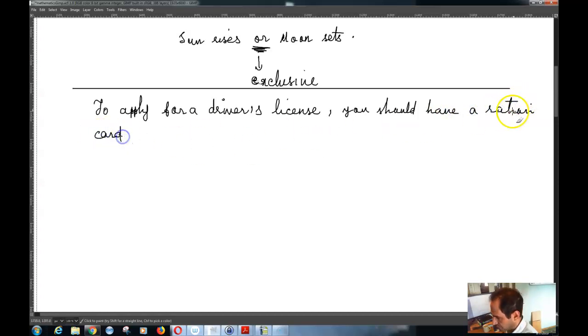Ration card is something in India, some sort of card that, for example, when you want to get gas, cooking gas, or some rations. Rations means the necessary things for life. Then you take your card, and if you have the ration card, they will cost you much less, okay?